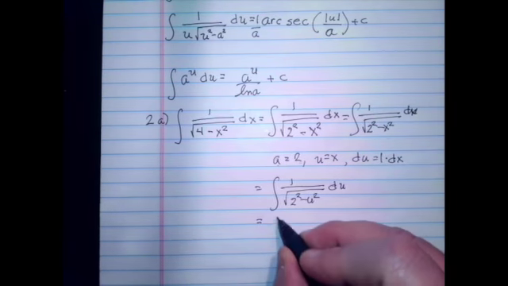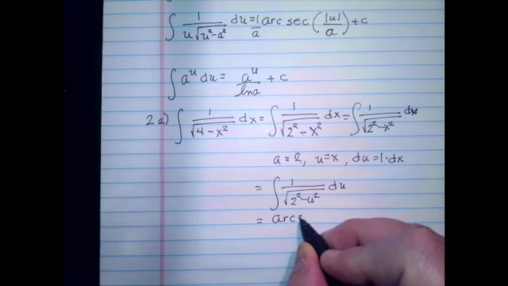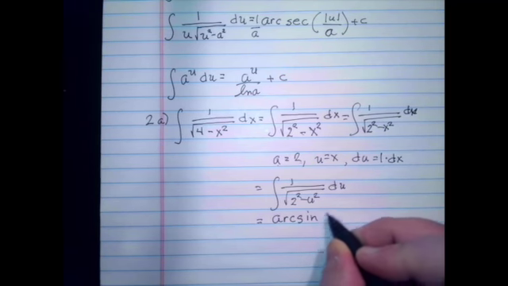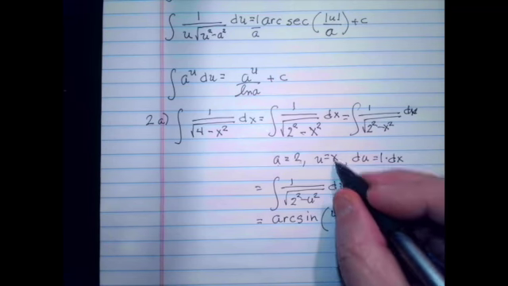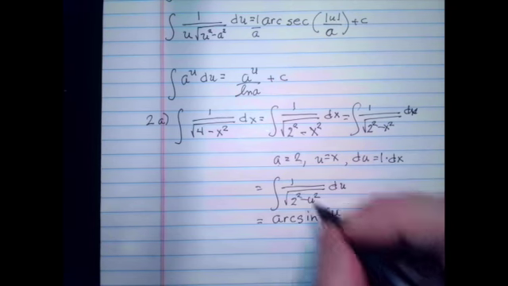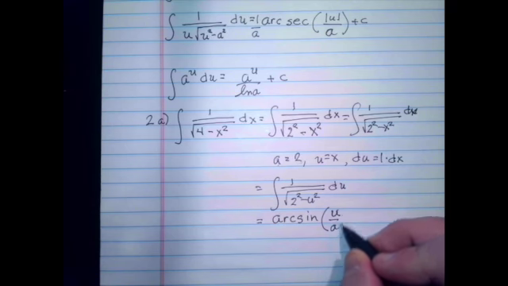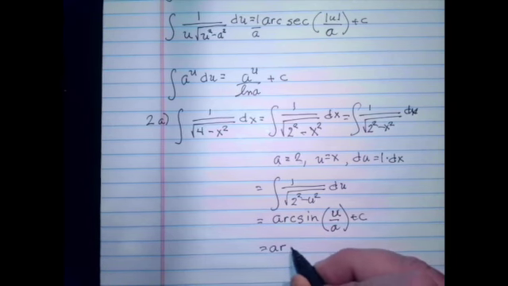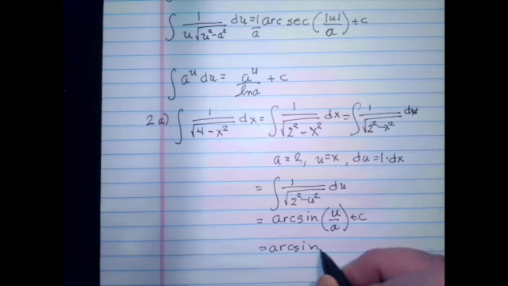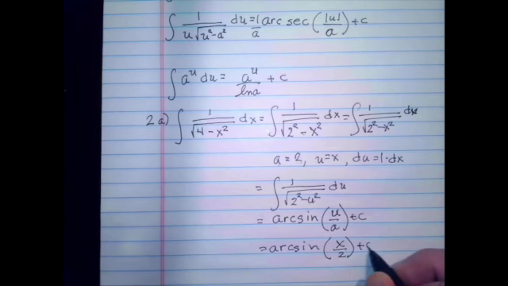And according to the formula, that's going to be the arc sine of u over a, which is going to be the arc sine of x over 2 plus c.